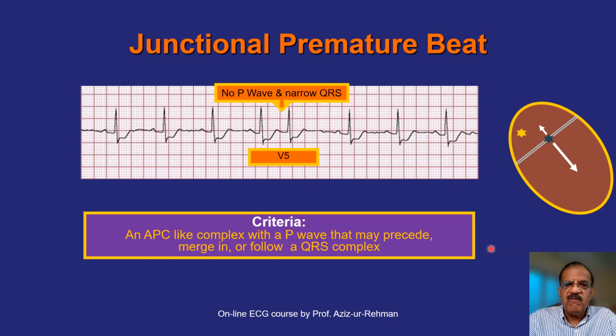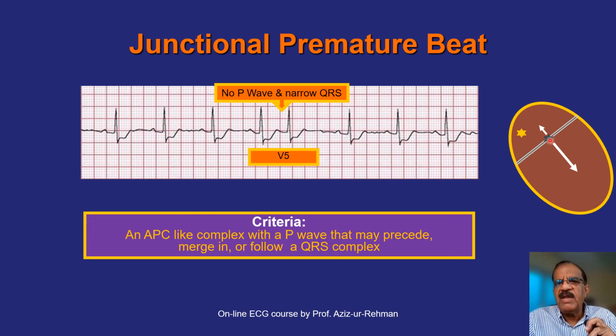Now this picture will explain it further. You see, this is the ectopic focus. This one, blue, and current has arisen. It has gone backward as well as forward. So if this current goes at the same time, then this atrial depolarization will be merged into the QRS complex.